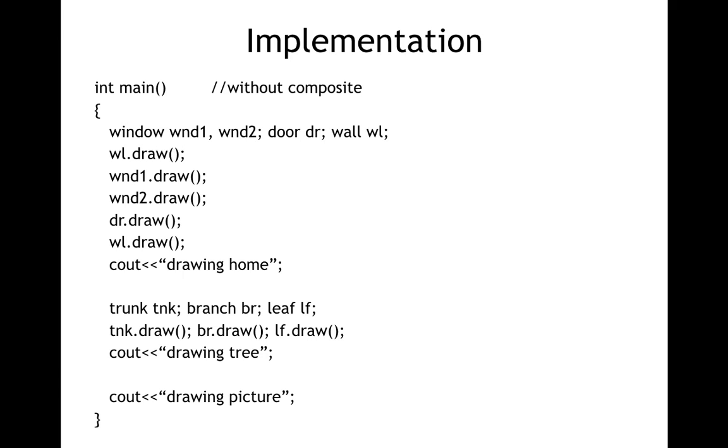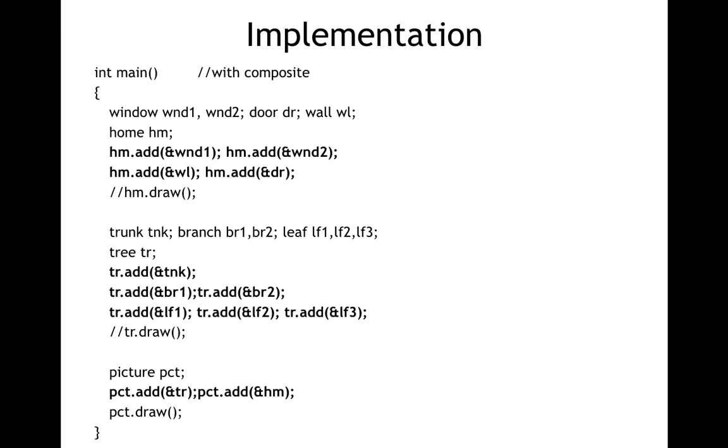Instead, with a composite design pattern, you would create objects of primitive classes, but you would also create objects of composite classes like home and tree. Here you can see in bold, for home you are adding objects of windows and walls and doors, and you don't actually call draw on home because it's not your final composite object. For tree also you create objects of trunk, branch and leaves, and add them to tree.